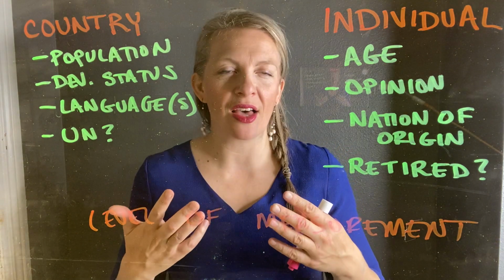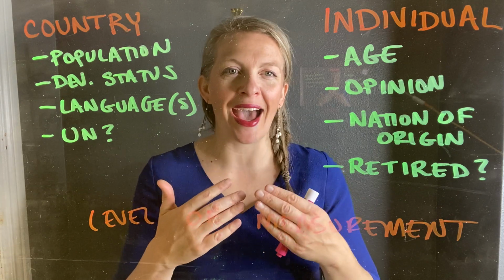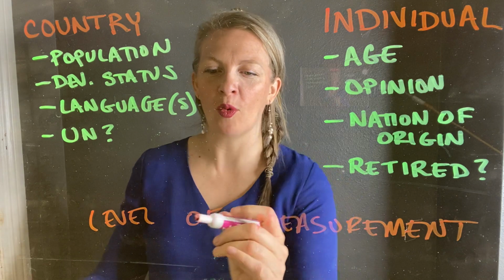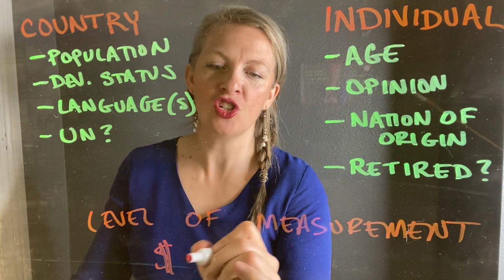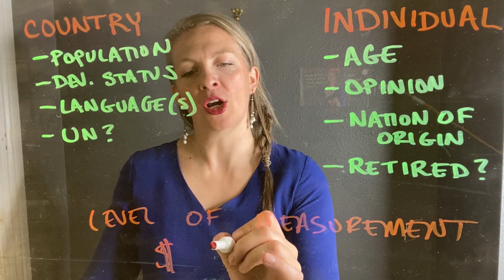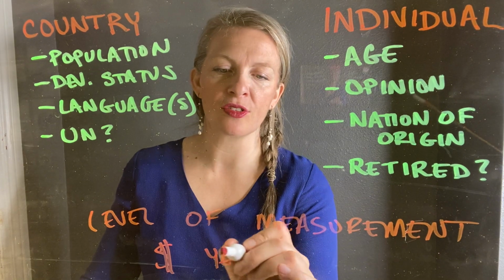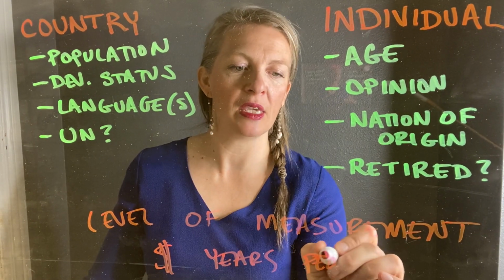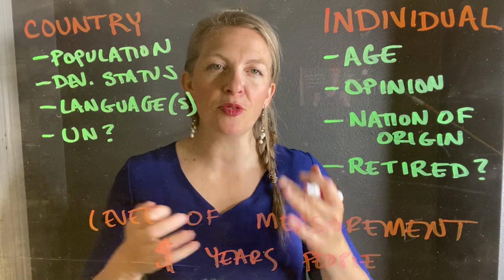The best way to tell is a variable that has units, where you're counting something, whether that's dollars, or years. Here with population, you might be counting people. But you have to be counting something.